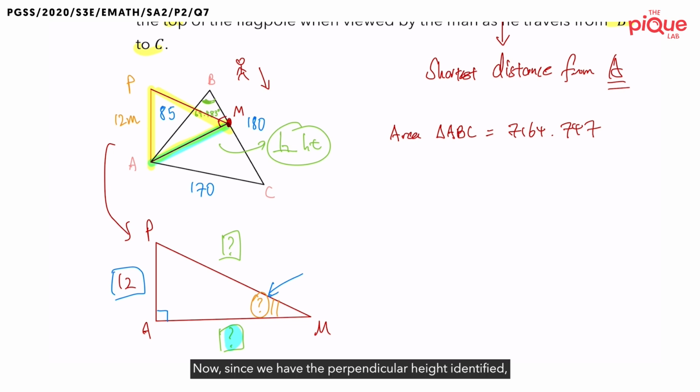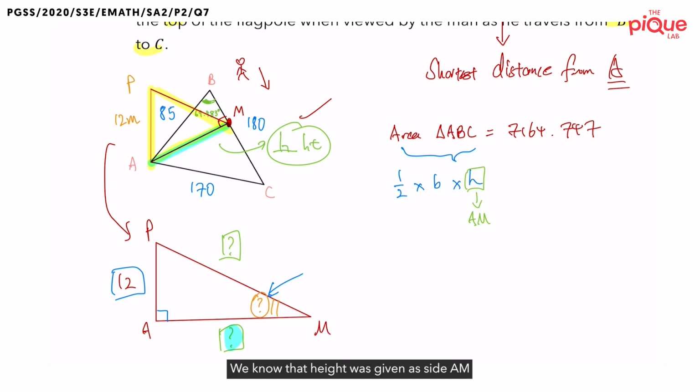Now, since we have the perpendicular height identified, we can make use of our half times base times height formula. We note that height was given as side AM, and if AM was taken as the height in this formula, what will we choose as the base? It will be side BC.